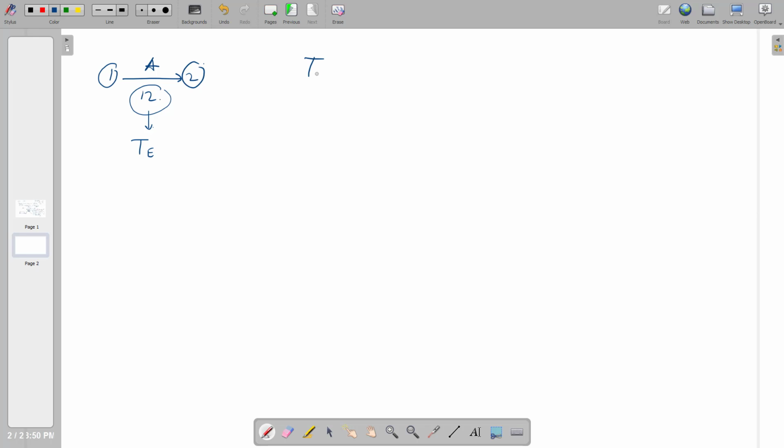So TE will be equal to the optimistic plus, sorry, four times the most likely, and then the pessimistic, divided by 6. So this is what we are going to do.